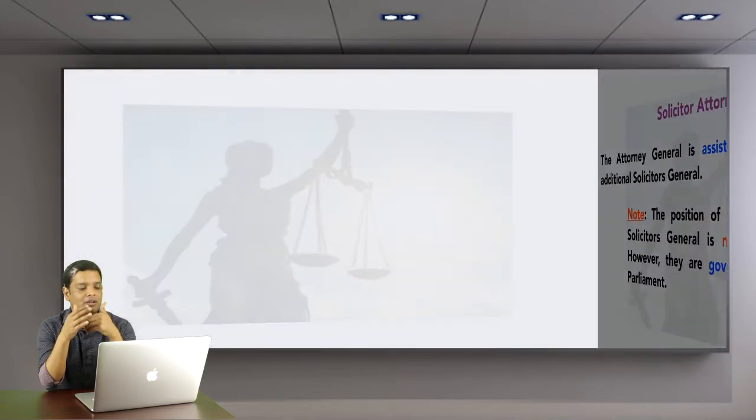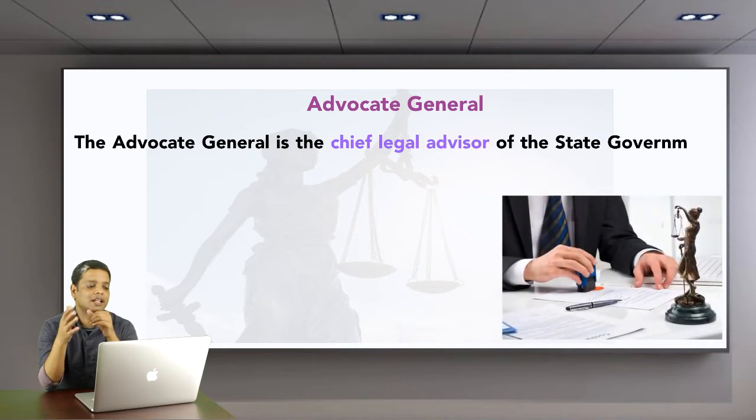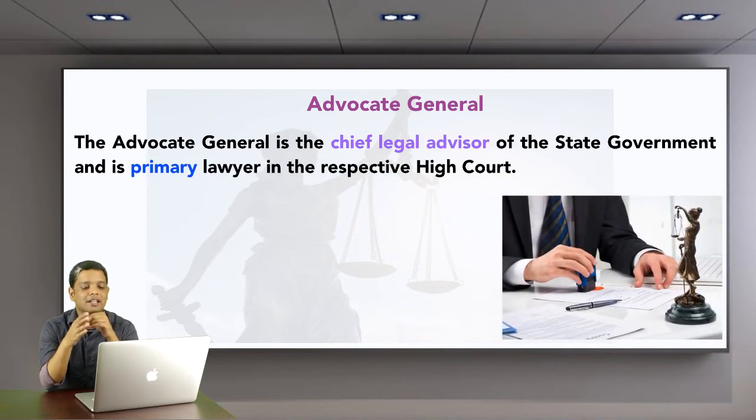So, this is all about the Attorney General of India. Now, let's check out the Advocate General. As we have discussed in our introduction, the two terms, the first one is Attorney General and the second one is Advocate General. The Advocate General is the chief legal advisor of the state government and is the primary lawyer in the respective High Court.